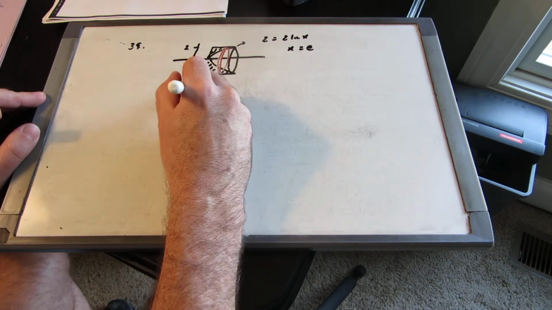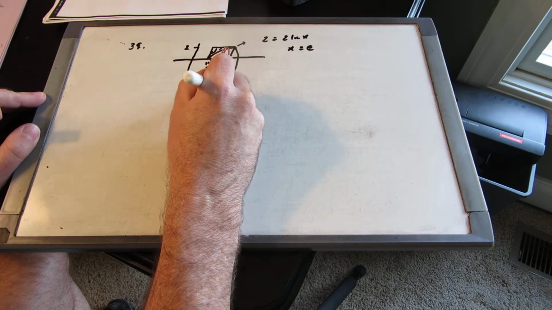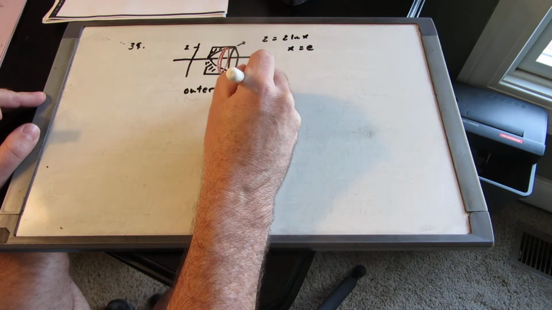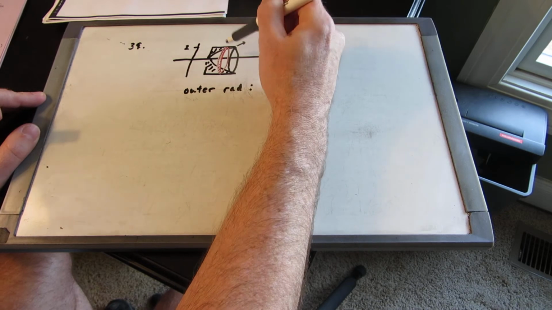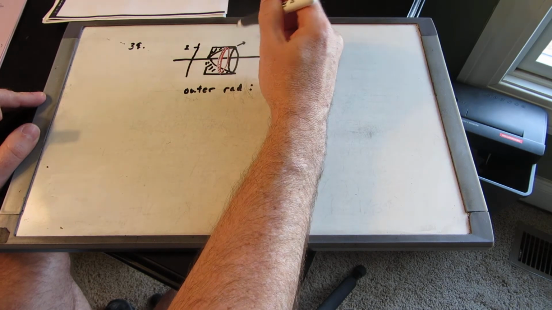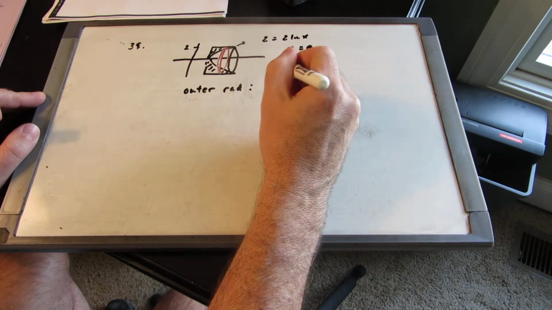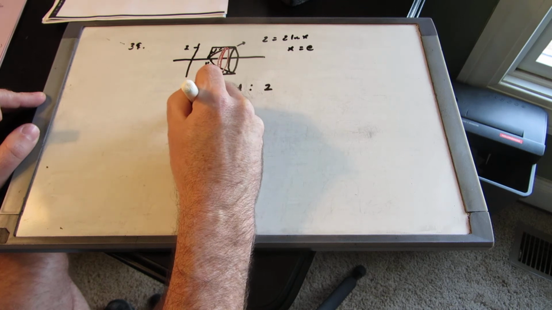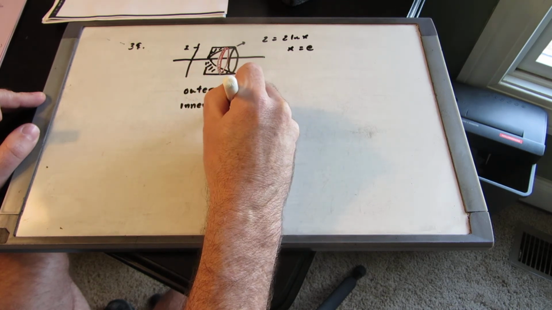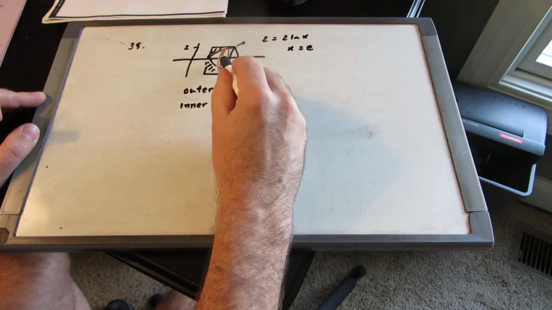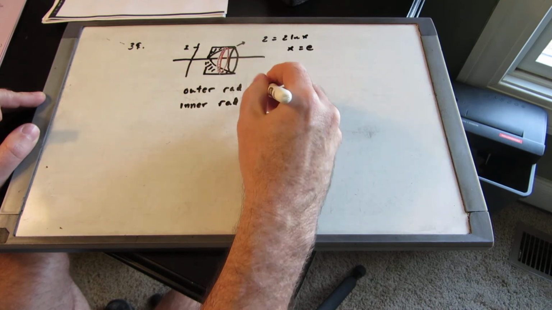So you need to figure out what is the outer radius. So the outer radius is the distance from the x-axis to the top. Well, that's 2. And then the inner radius is going to be the function, 2 natural log of x.